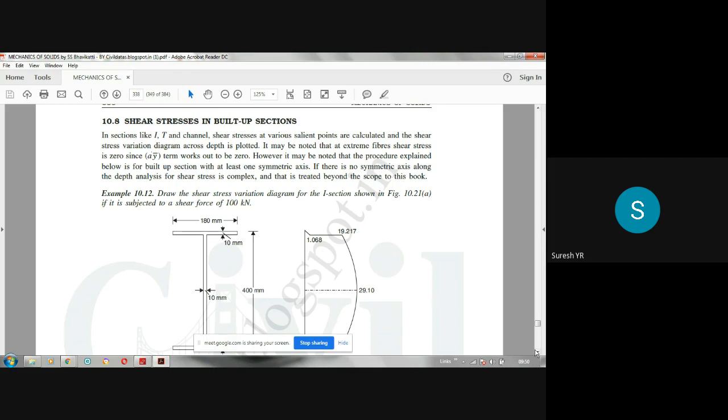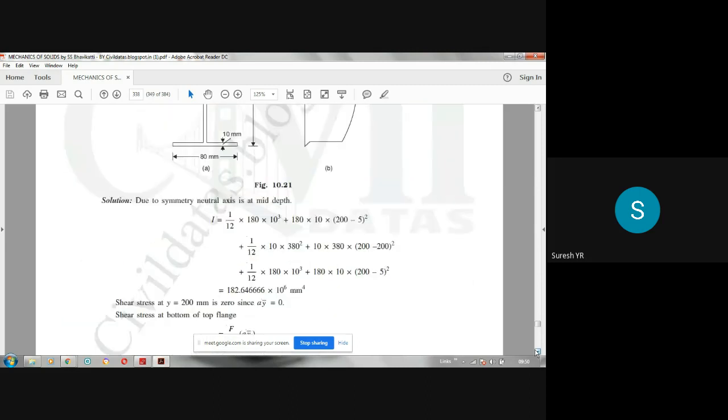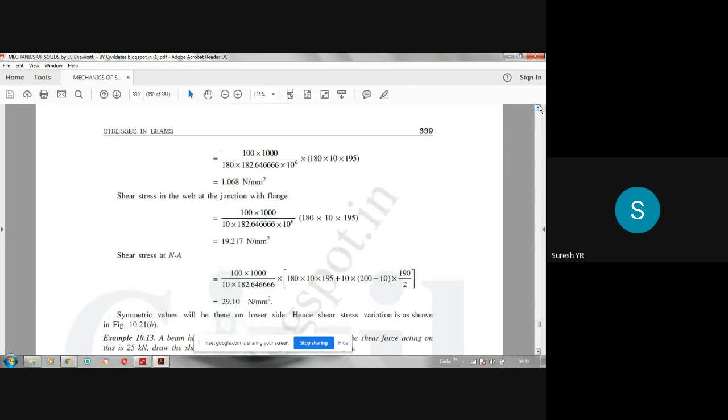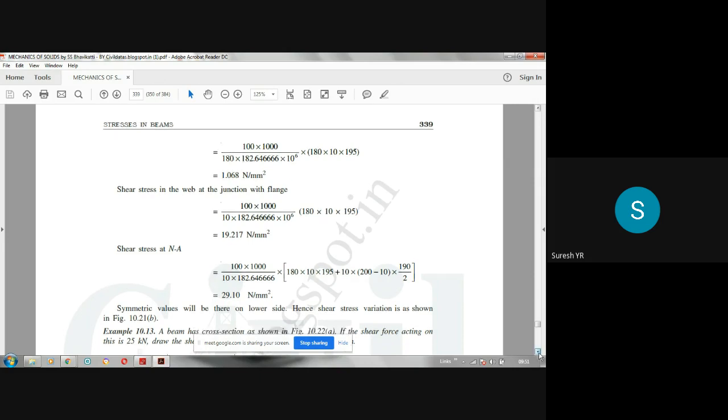You can call it the shear stress in the web at the junction with the flange, or just the shear stress at the top of web. The only difference is your B value will be 10, the width of web, whereas there you have to take the width of flange, which is not 180, it is 170.